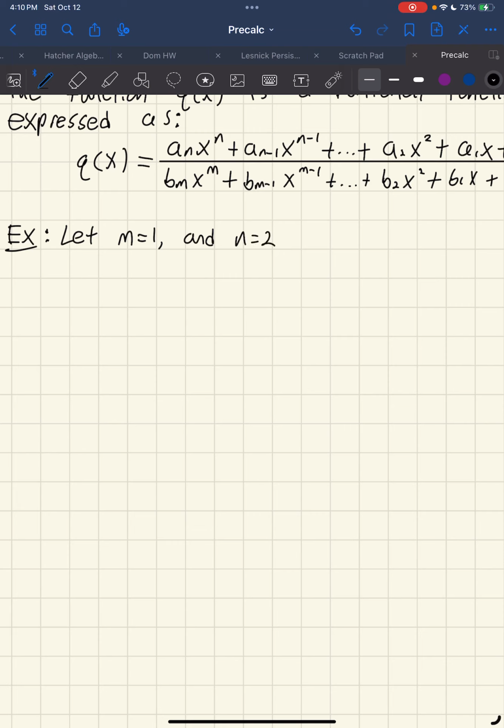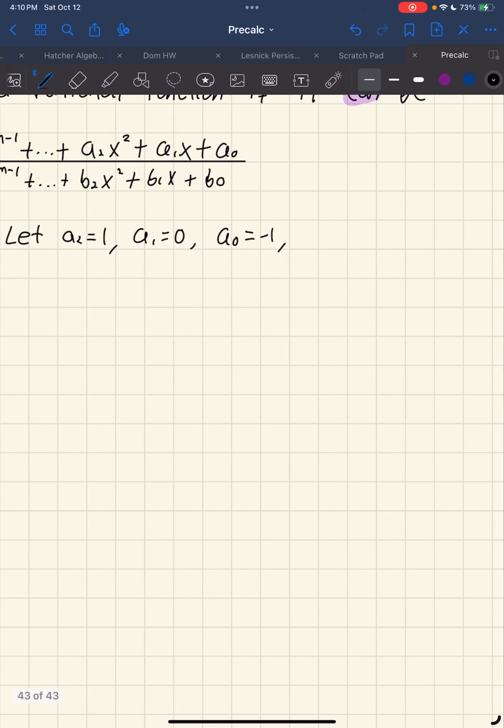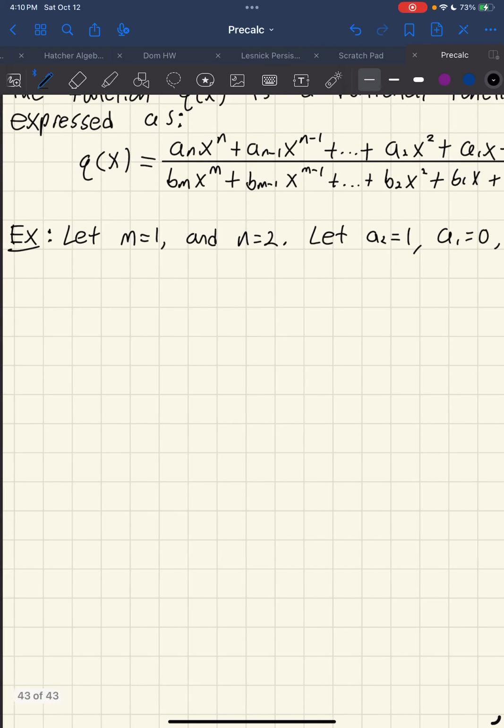So the degree of the upstairs is 2, degree downstairs is just 1. So we're going to let a2 be equal to 1, a1 equals 0, a0 equal to -1, b1 equal 2, and b0 equal -10. Just as a quick example.